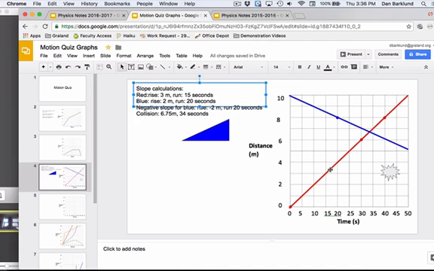So what you should do now is take your red car, let it go at 0, 0. Take your blue car, let it go at 0, 10. Start your timer, and what you should see is that those two cars should collide at about 6.7 meters and at about 34 seconds. So let's put that back on there so we can see that collision.